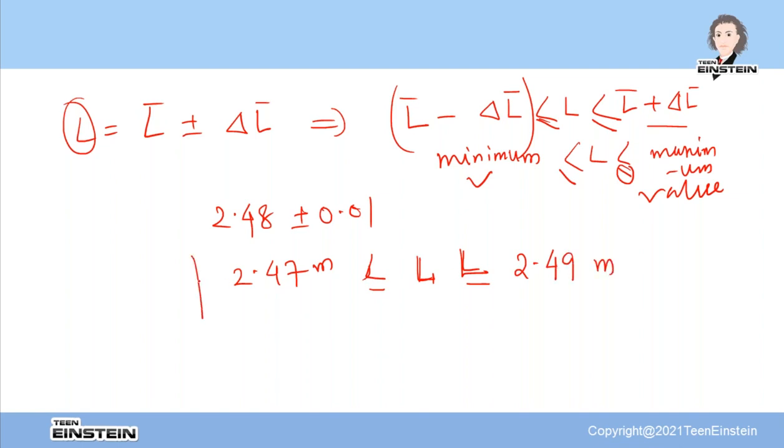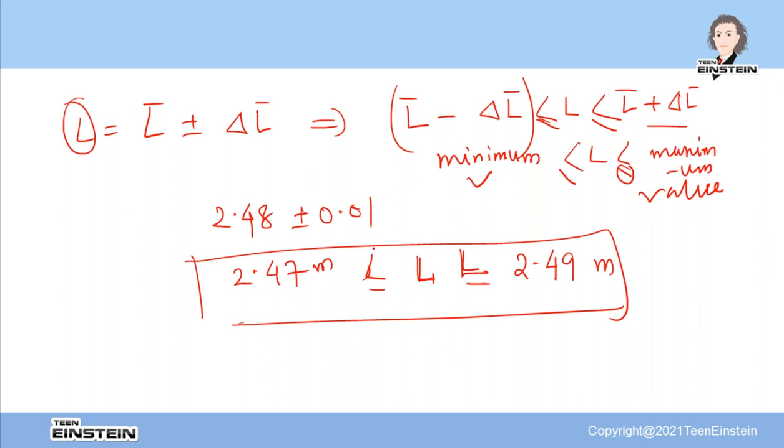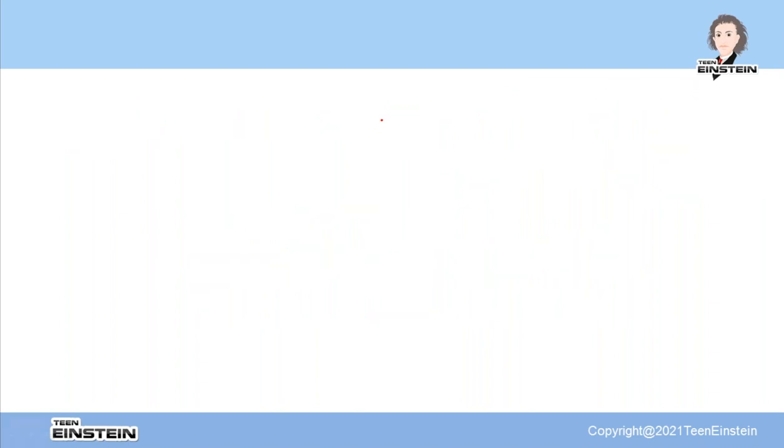Your length can vary in this range, and this error is coming actually due to your measuring instrument itself. All right, so this is how you should report the result.